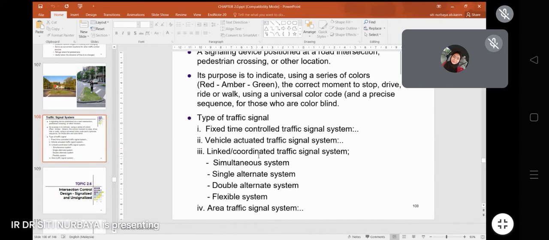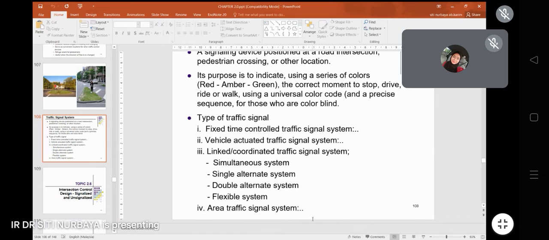Okay, for the link or coordinated traffic signal system, they are further divided into simultaneous system, signal alternate system, double alternate system, and also we have flexible system. And lastly, we have the area traffic signal system.